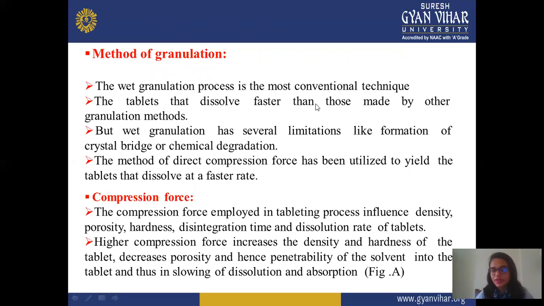The difference between dry and wet granulation is that dry granulation does not contain any moisture or water content. You just take all the excipients and heat at a particular temperature.